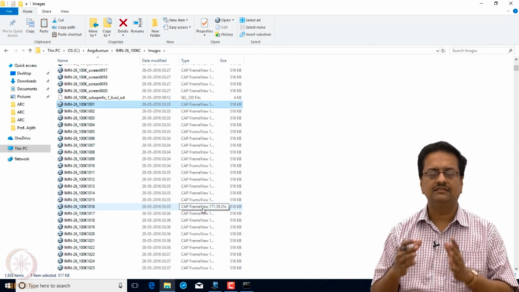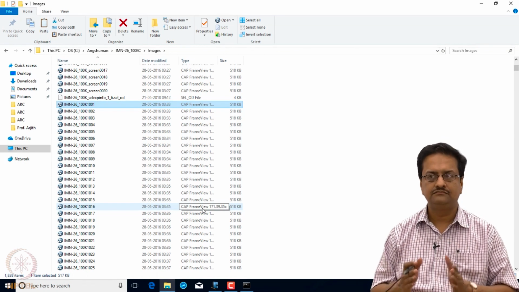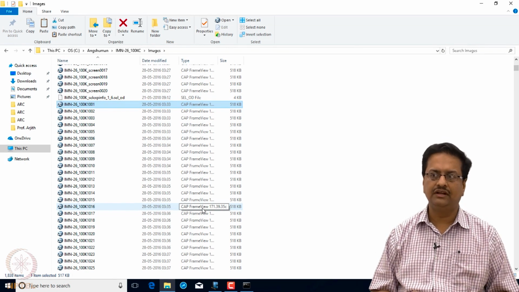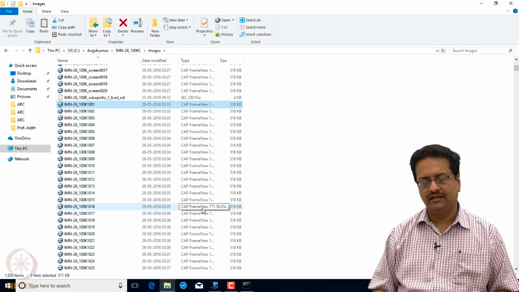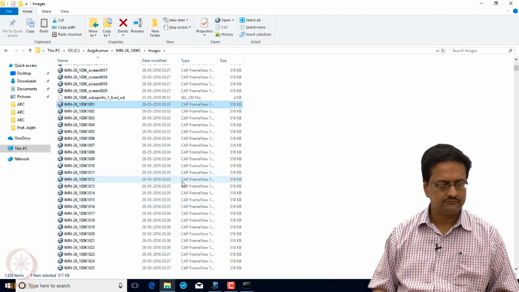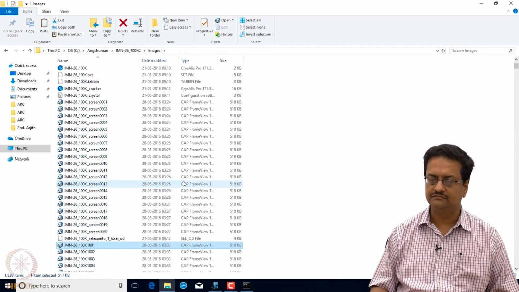What is a frame? As I have already indicated, one frame is an image with a given omega width. Generally, we collected data with an omega width of 0.3 degree. So there are a large number of such frames recorded here.